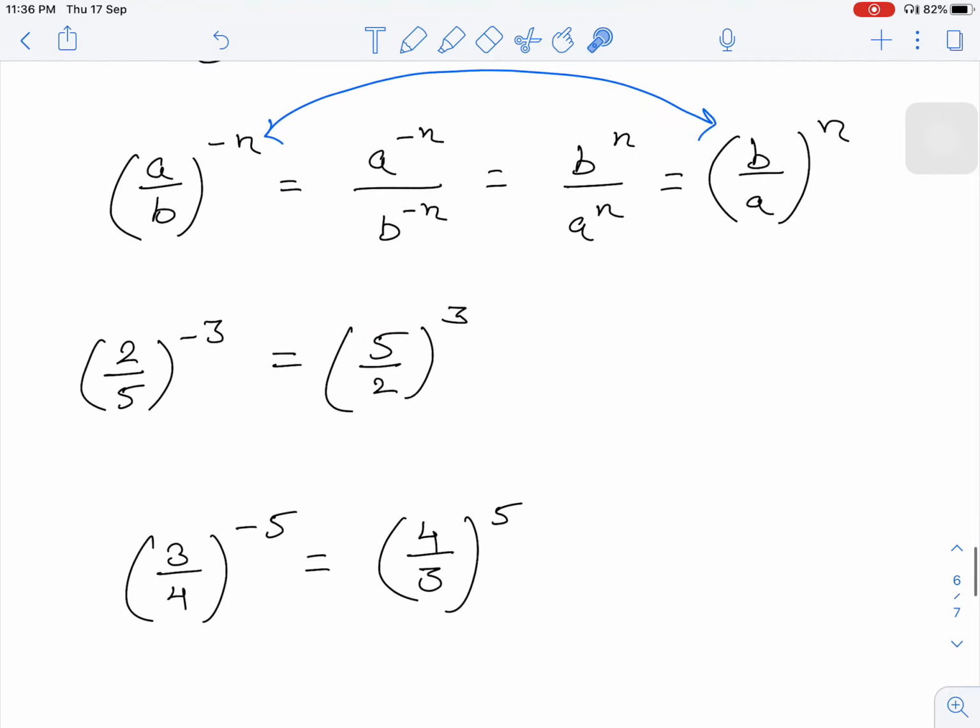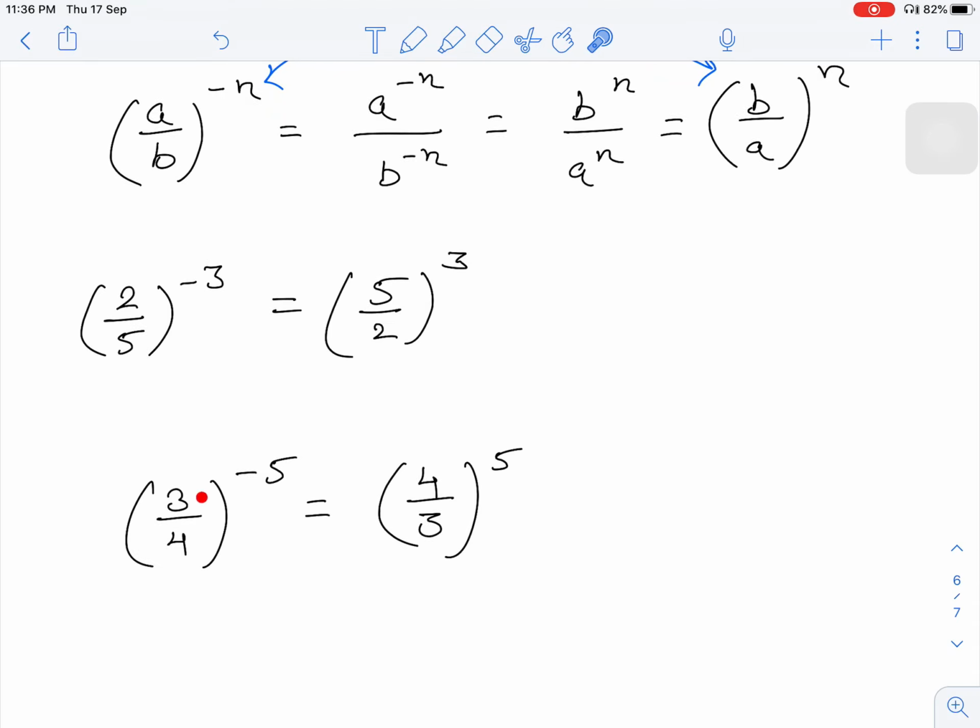Let us consider one more example. Now we have 3 upon 4 raised to minus 5. I want to write this number with a positive power. If I want to change this sign, I have to take the reciprocal of the base. So what you will get now is 4 upon 3 raised to 5.